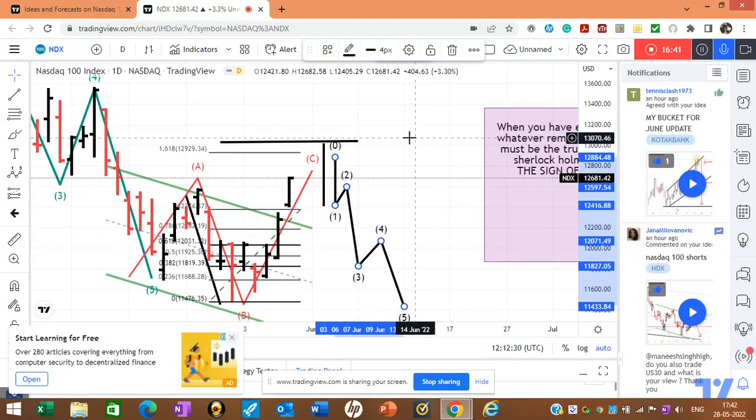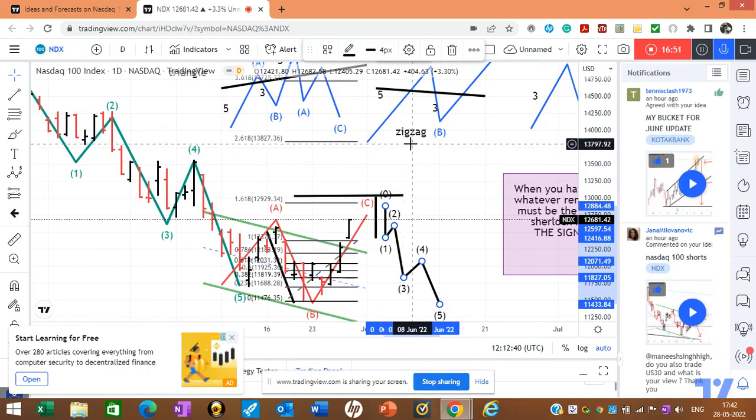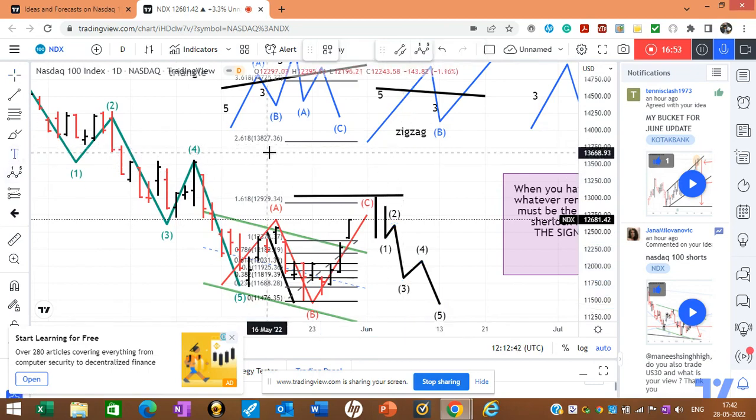But right now I'm clear that this is not a zigzag correction. This is an expanded flat correction because I have overlooked this basic rule of zigzag.